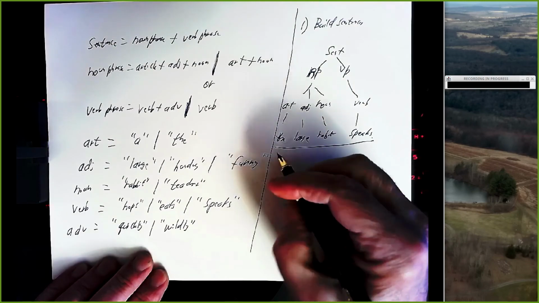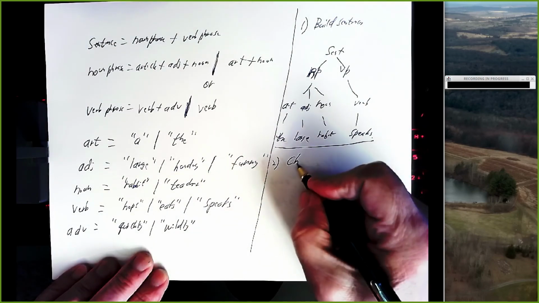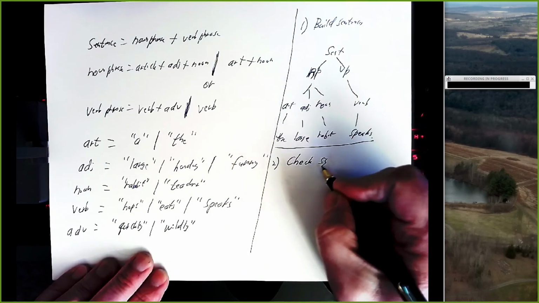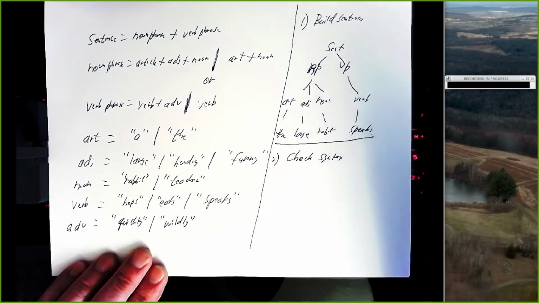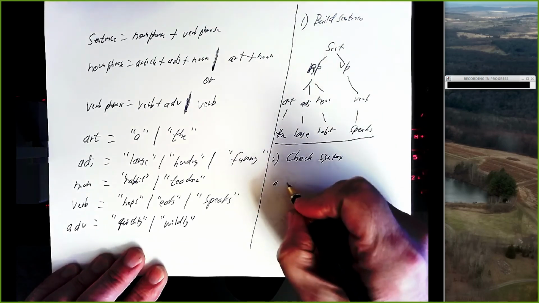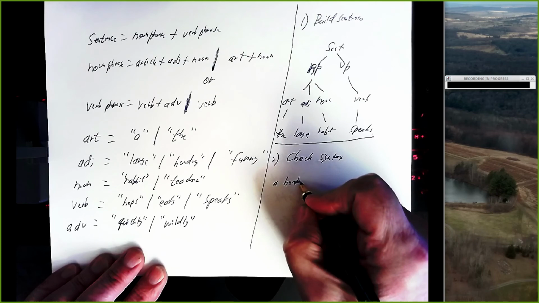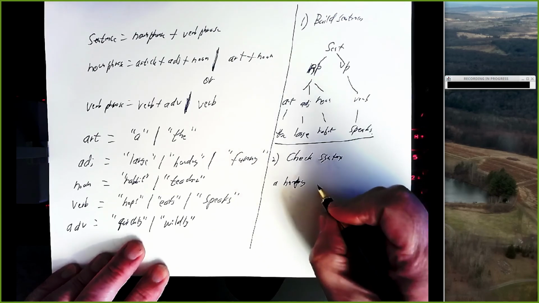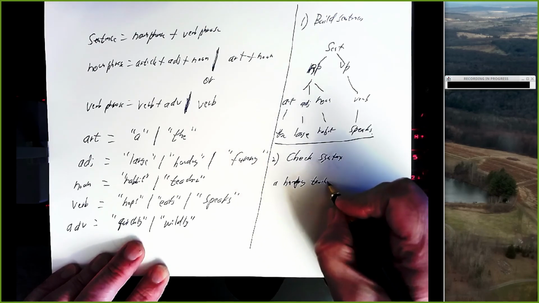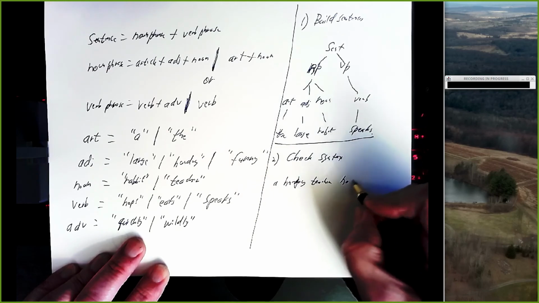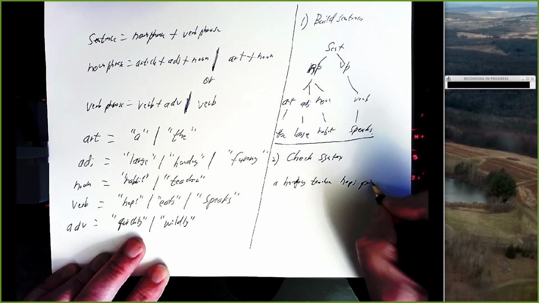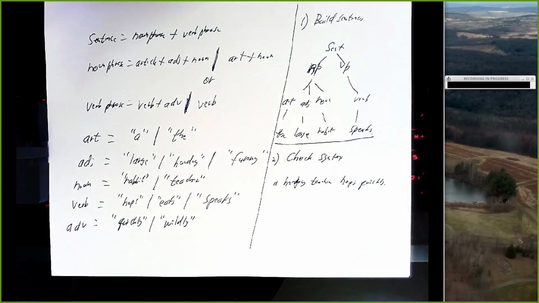The other thing we can do is we can use this to check syntax. So if we have a sentence like, you know, a hungry teacher hops quickly, we can say, is this a valid sentence?